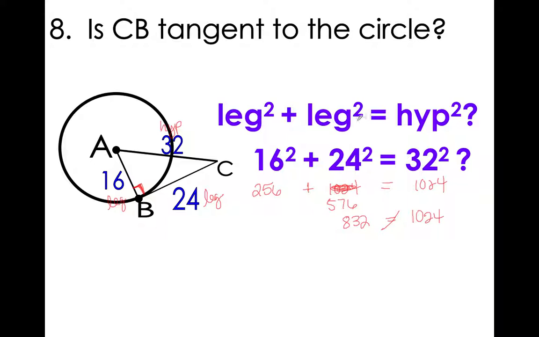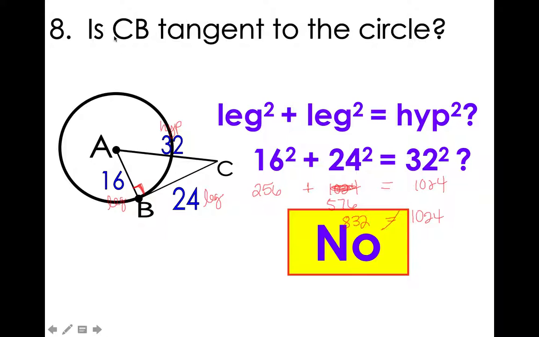And since the left side does not equal the right side, that means that no, my line that I thought was tangent is not tangent. Once again, once we simplify everything, if the left side does not equal the right side, then it is not a tangent. That's basically what we're saying.